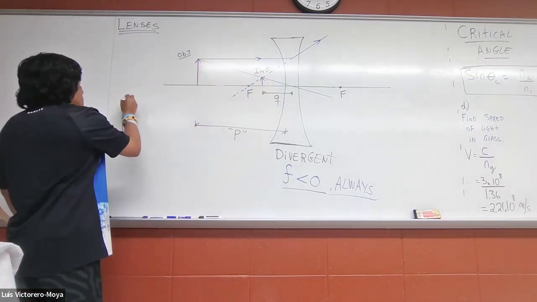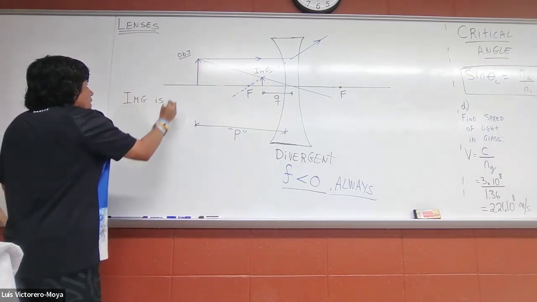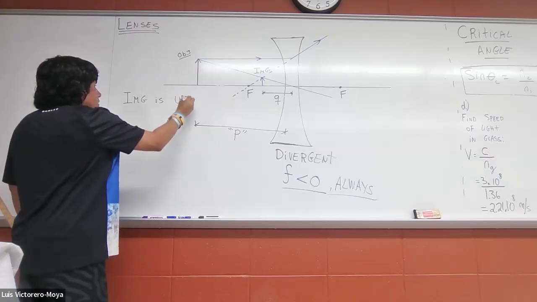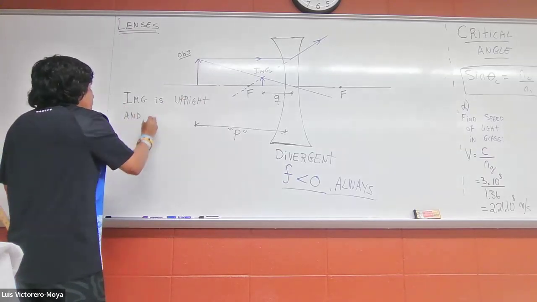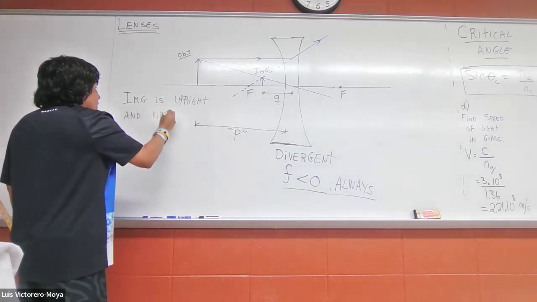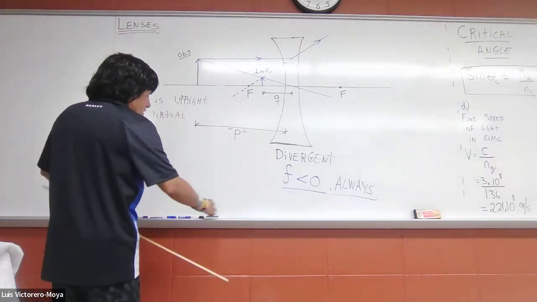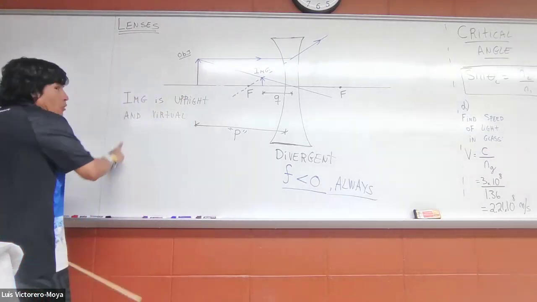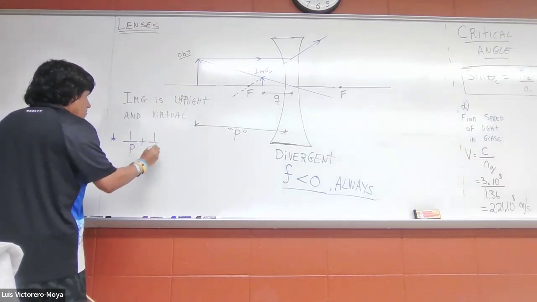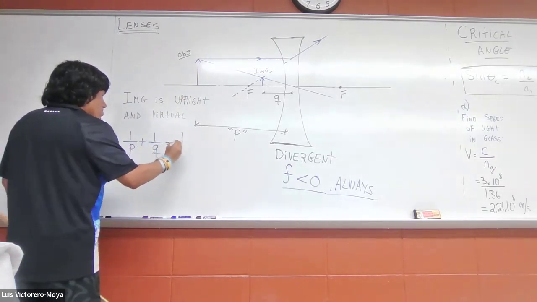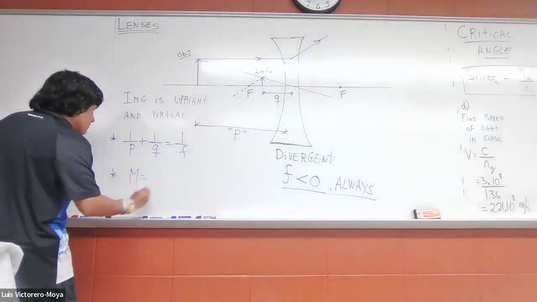So the image is upright and virtual. Well, always for the divergent lens case. So the same equations work. And the magnification equation.